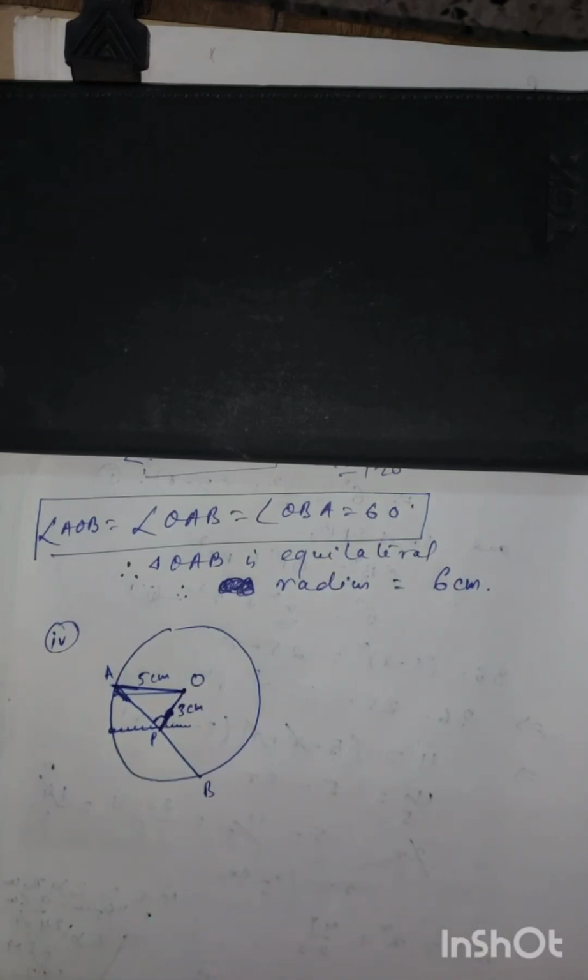Now we know that through a point P inside a circle many chords can be drawn. So we need to find out the length of the shortest chord.